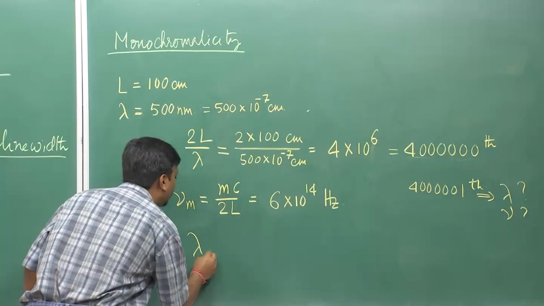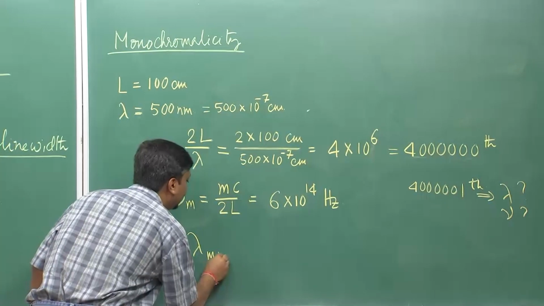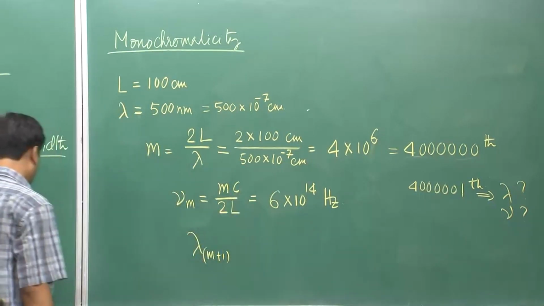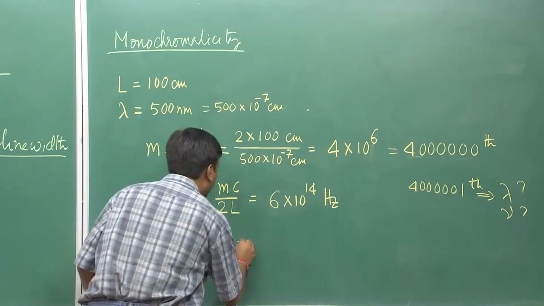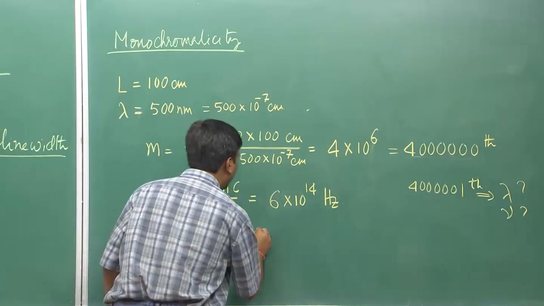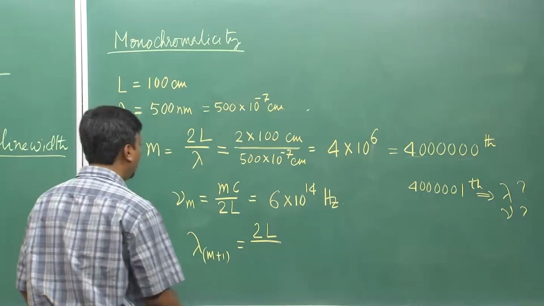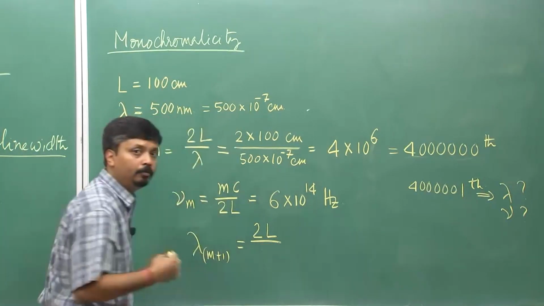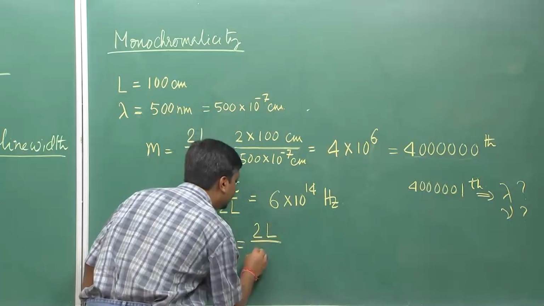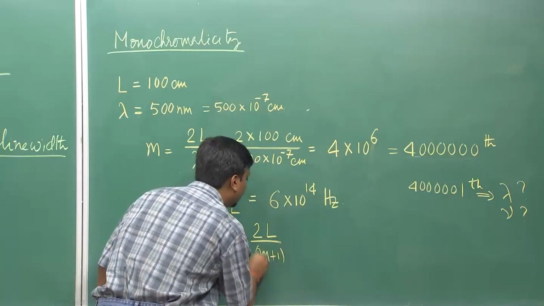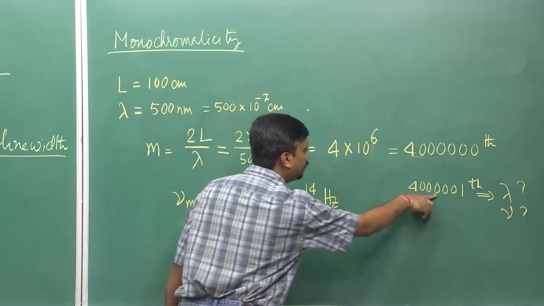If I have to do that, I am writing m plus 1 instead of writing that big number. So, what do I have? We have again 2L, correct, by the number of that particular mode. So, in our case this is m plus 1, and what is this m plus 1? m plus 1 is this number, correct.